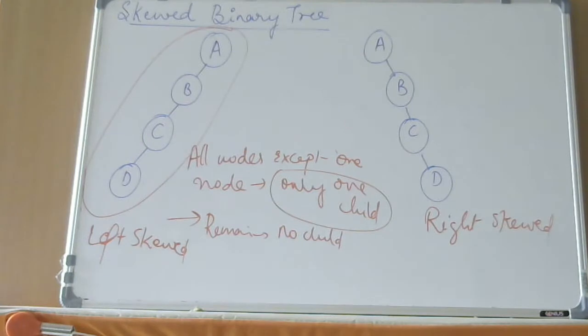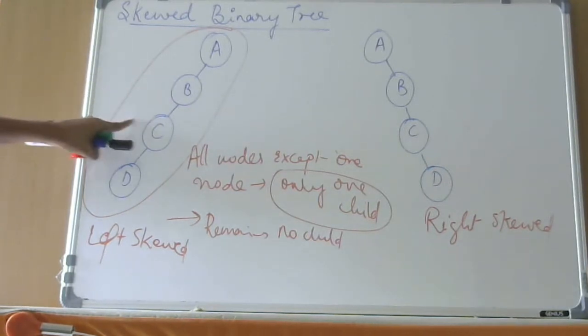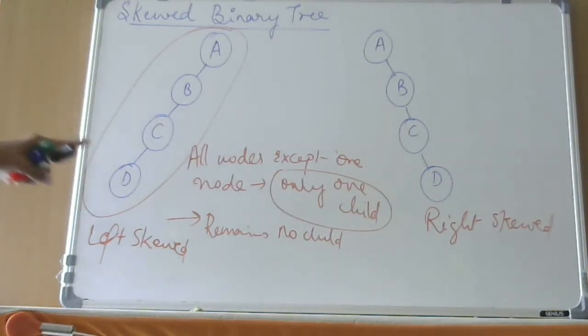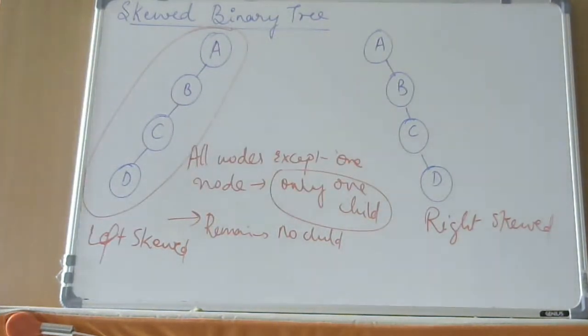All the nodes except the root node will have only one child. So A has only one child, B has only one child, C has only one child. The remaining will have no other child nodes. Similarly here, same thing. Generally, we classify skewed binary tree as either left skewed or right skewed.